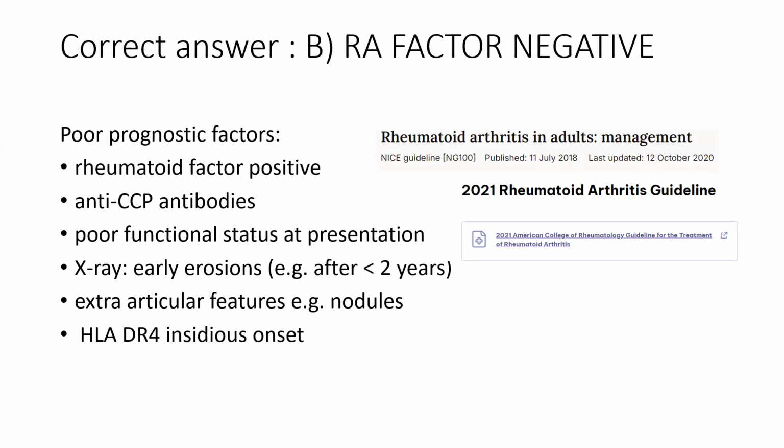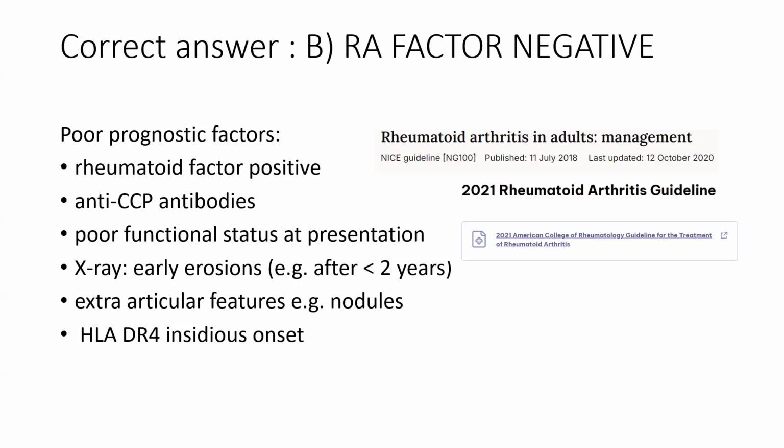So what are generally associated with poor prognosis in rheumatoid arthritis is clearly mentioned in the NICE guidelines published in October 2020, and also in the American College of Rheumatology guidelines. The poor prognostic factors mentioned are rheumatoid factor being positive, presence of anti-CCP antibodies, poor functional status at presentation, and X-ray showing evidence of early erosions with disease onset of less than 2 years.